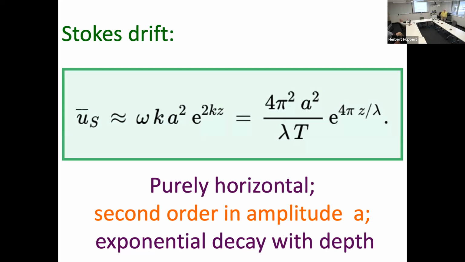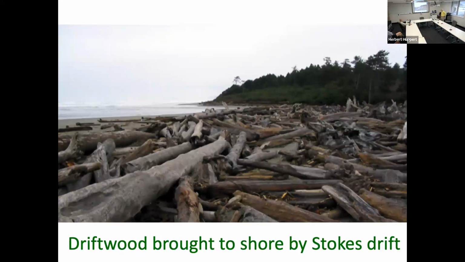There's only a horizontal, slow, second order in amplitude velocity. But it's really very important, because that's what brings the driftwood and plastics and all that stuff to shore. It is due to the Stokes drift.